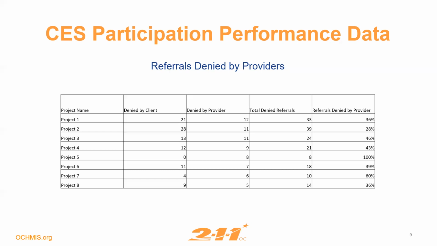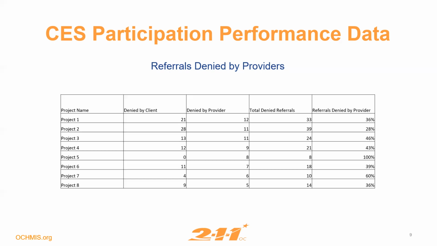Yeah, I have thought about that also. So for the measure, we would look specifically at the denial type, whether it says client or provider. But if we were to implement this, we would include the denial reason on the spreadsheet also for your review, so you can see what that looks like.